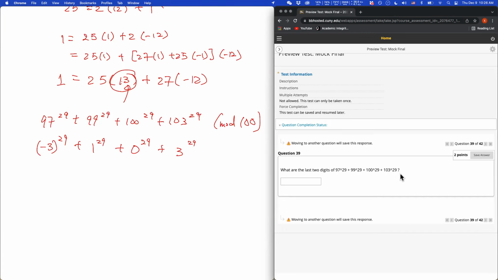Now if you calculate it, -3 to the 29 gives you -3 to the 29. 1 to the 29, you just add 1. And here you have 0 to the 29, that will be 0. And then you have 3 to the 29.